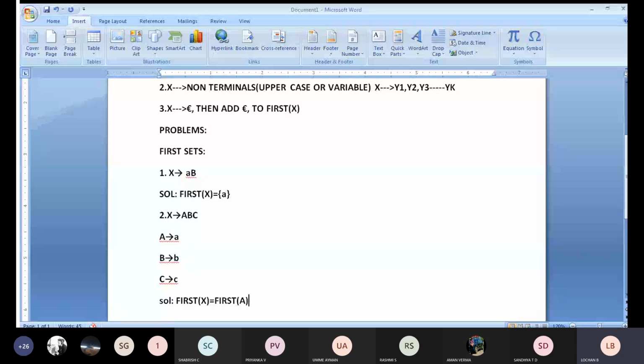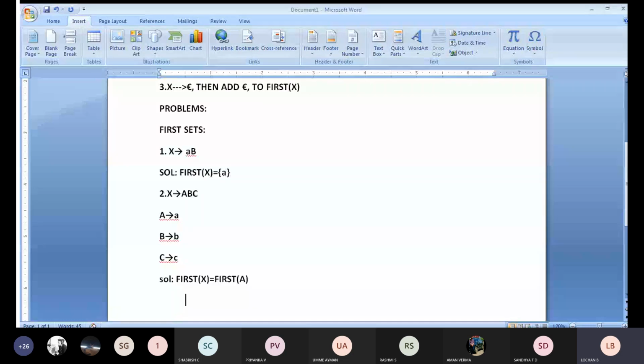Small a is your terminal part, so I am going to write small a. If you see the A production, we have not continued with capital B. If capital B had been there, another B would have arisen. So we stop here only, because first of A gave only the terminal part. I write only small a and stop the solution.